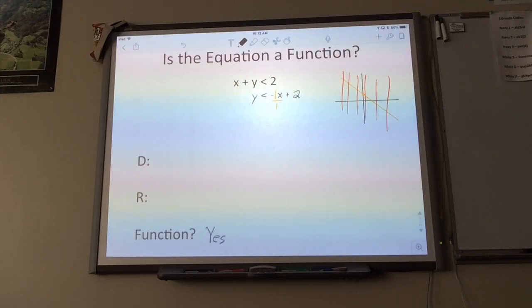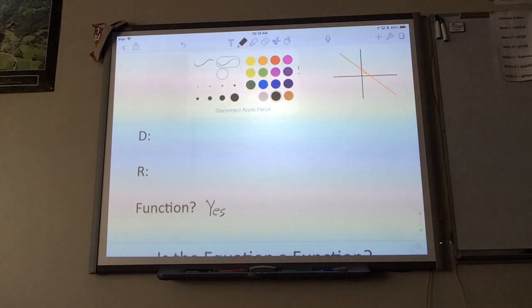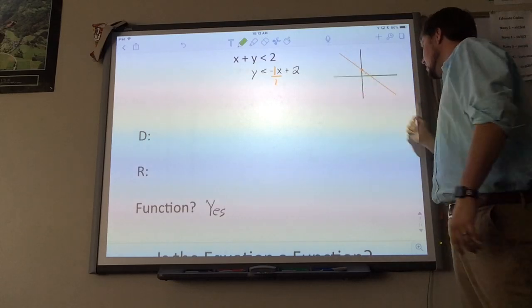Now we got to figure out the domain and the range. So which x values are covered by this? This orange line, infinity, because it goes on forever to the left and it goes on forever to the right.